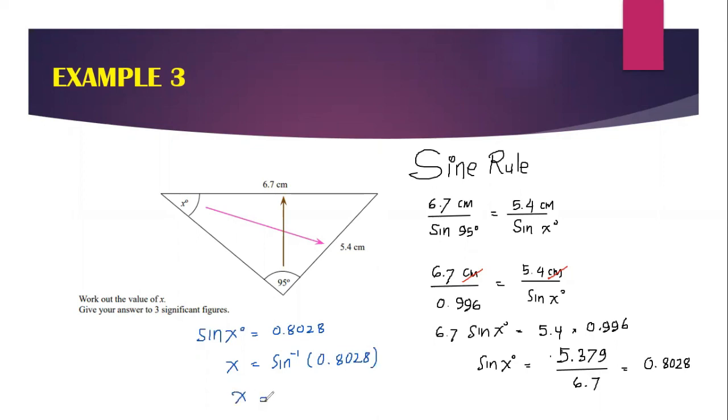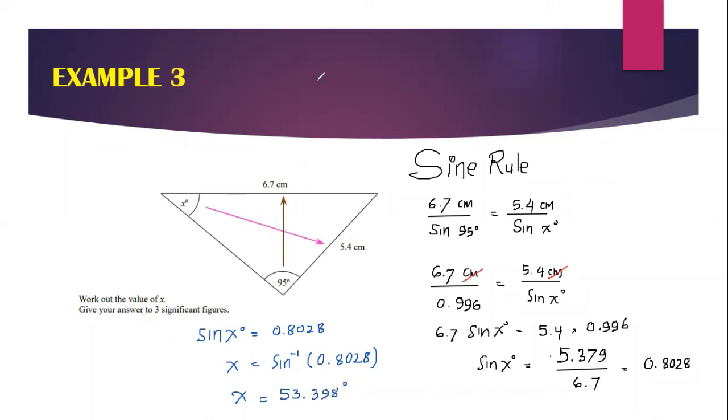By using a calculator, sine power minus 1 of 0.8028, we got 53.398 degrees, right?